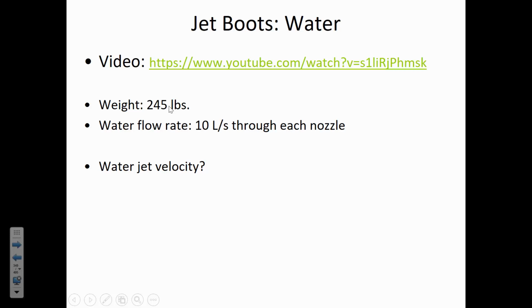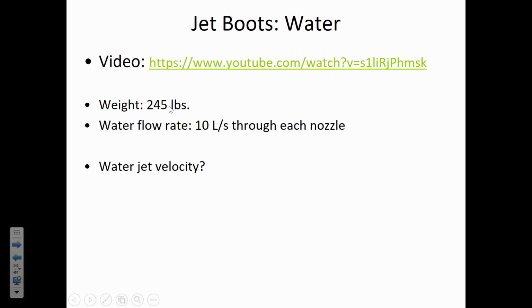Come on. M dot is density times Q. So how many kilograms per second of water is going through the jet boots? Water is 1,000 kilograms per cubic meter, or 1 kilogram per liter.